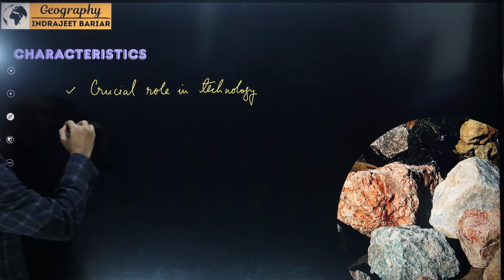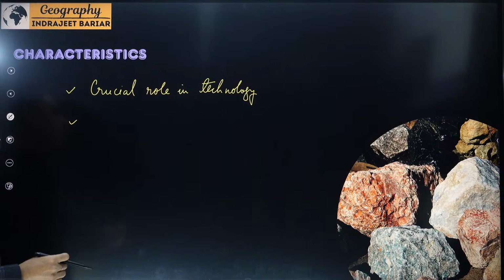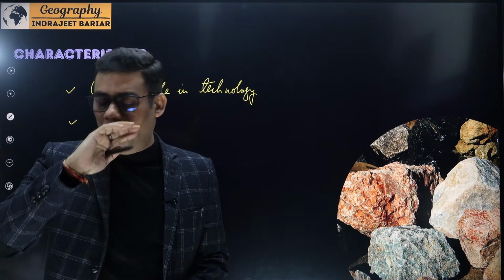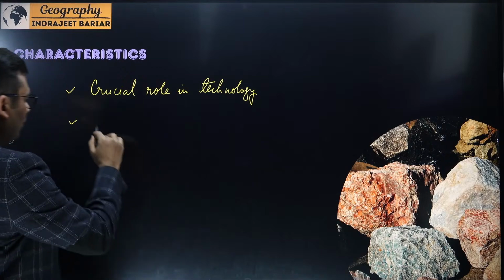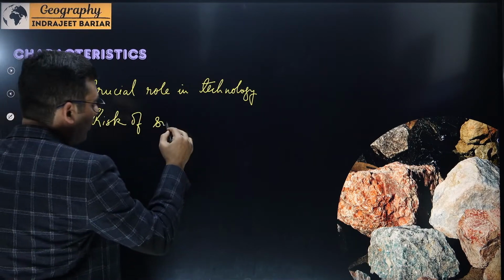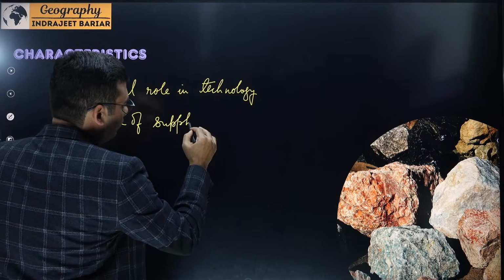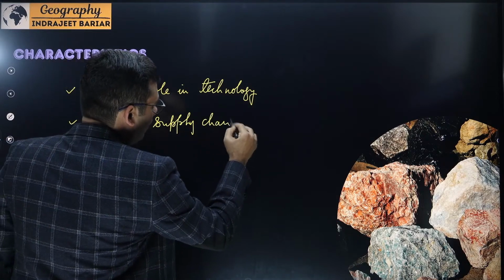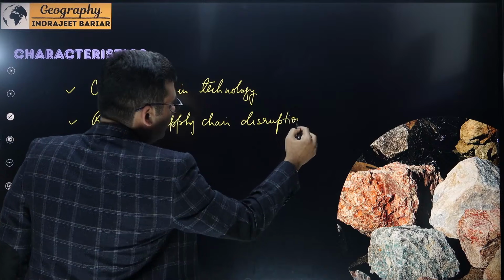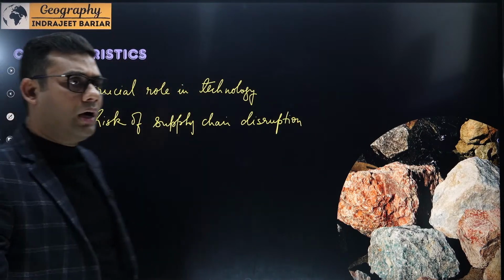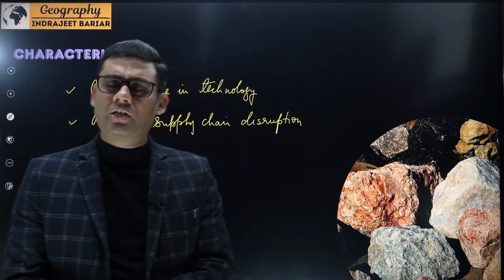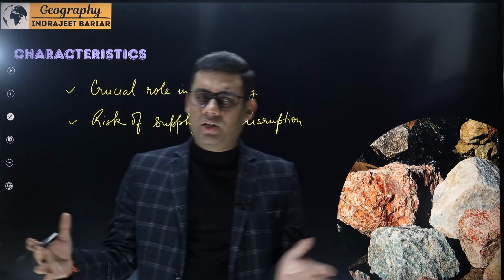And second, they are critical minerals because they are at risk of supply chain disruption. Risk of supply chain disruption would mean high levels of localization, where it is not evenly spread across the world.